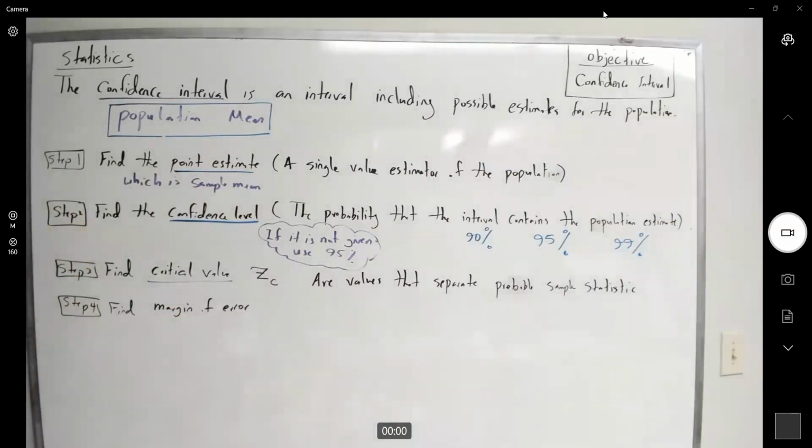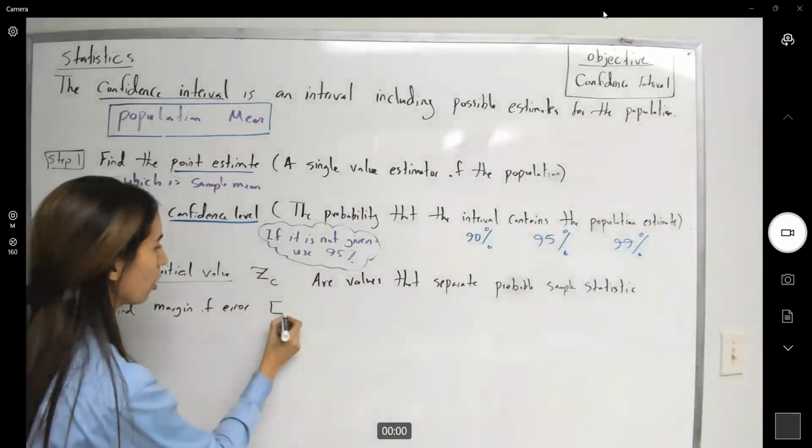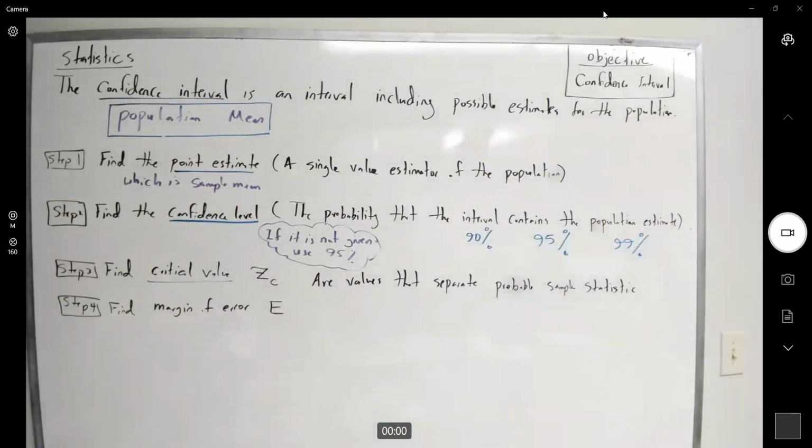Margin of error, what is that? Denoted by E. Very good. When we're talking about margin of error, we're actually finding the greatest possible distance between the point estimate and the population parameter that we're trying to estimate.